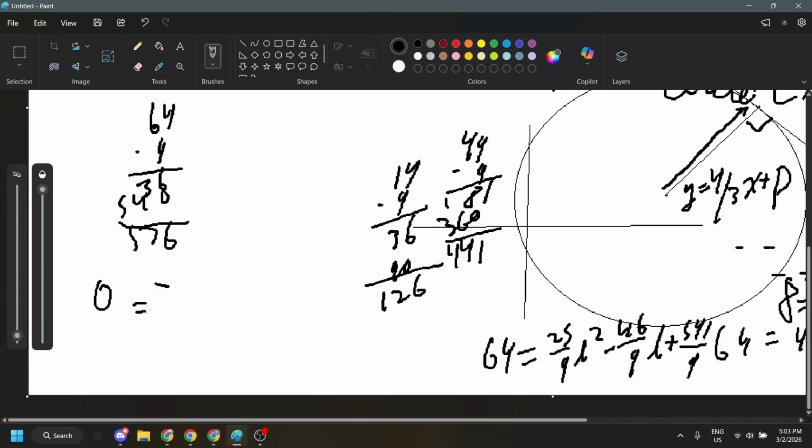So 0 is equal to 25L squared minus 46L minus 541 minus 576. 541 minus 576 would be negative 35.